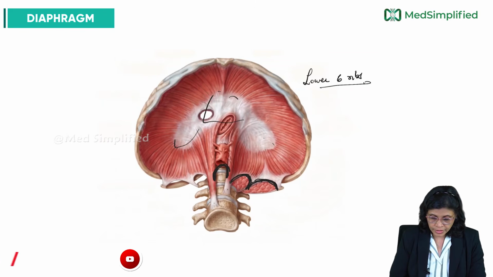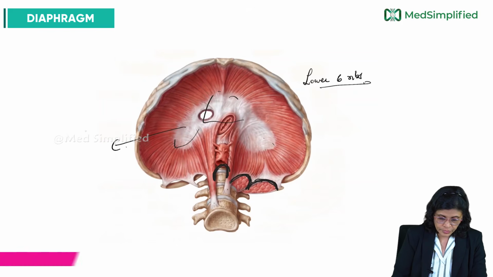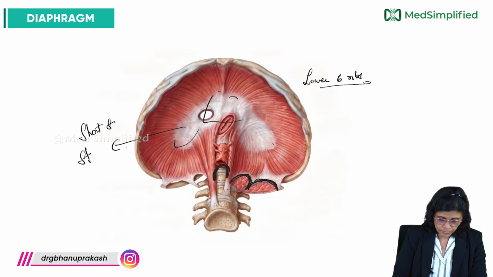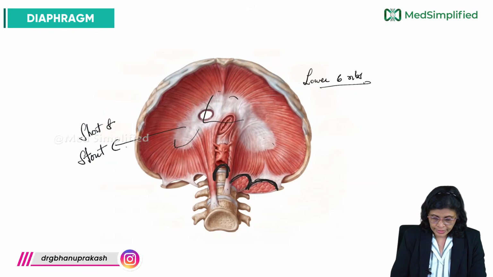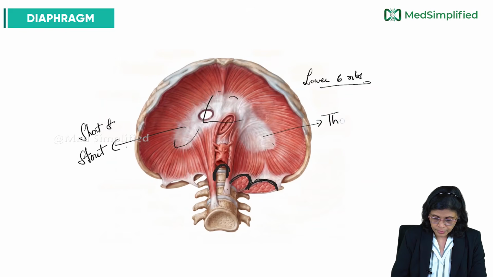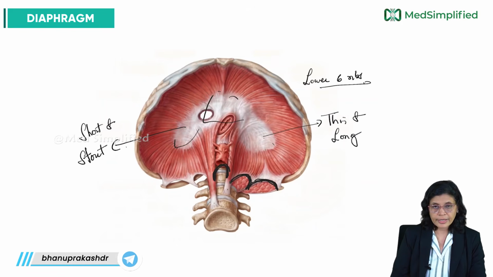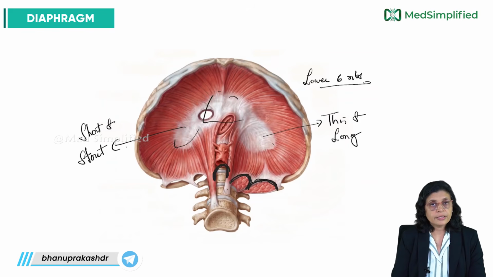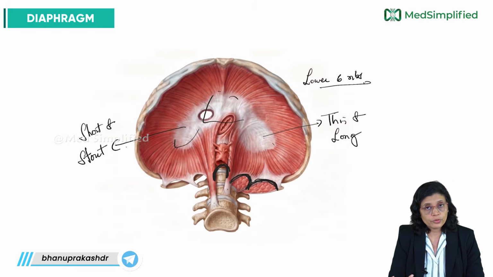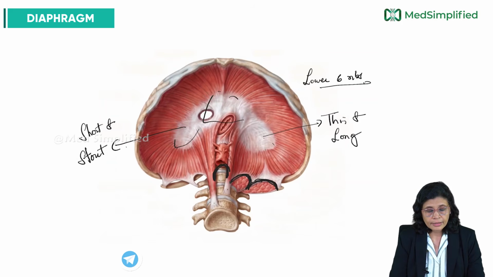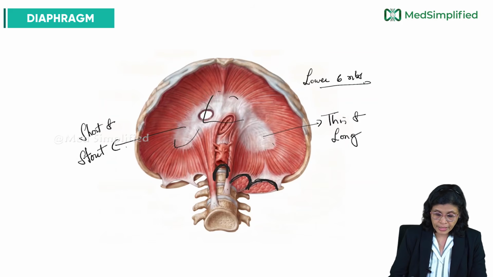The right posterior leaflet is short and stout, whereas the left posterior is thin and long. All the fibers converge there and get inserted to that. This central tendon is fused with the pericardium, and it is inseparable from the fibrous pericardium.